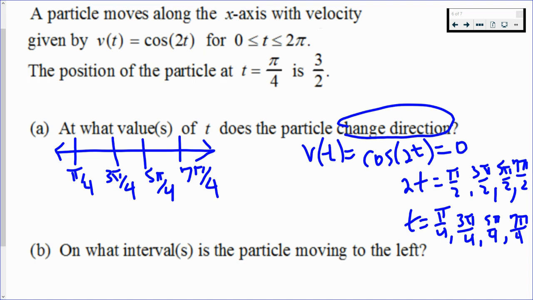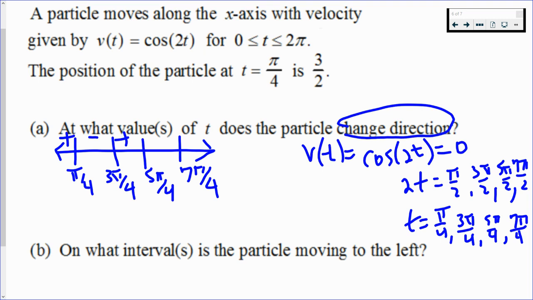If we plug in something to the left of pi over 4 into the velocity, then cosine is going to be positive. Something between pi over 4 and 3 pi over 4, cosine of 2 times that is going to be negative. We plug in something between 3 pi over 4 and 5 pi over 4, such as pi, that becomes cosine of 2 pi, which is positive.